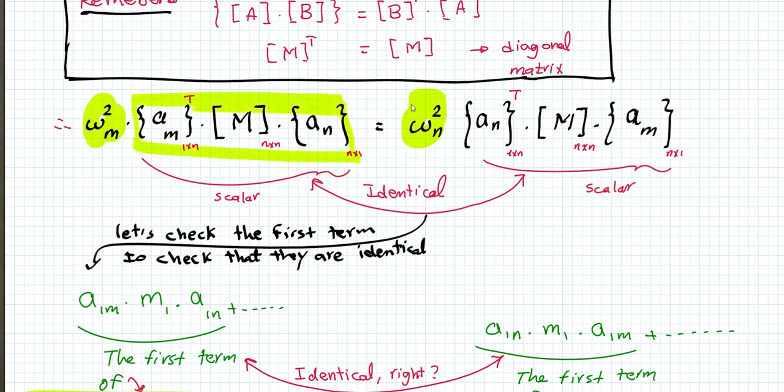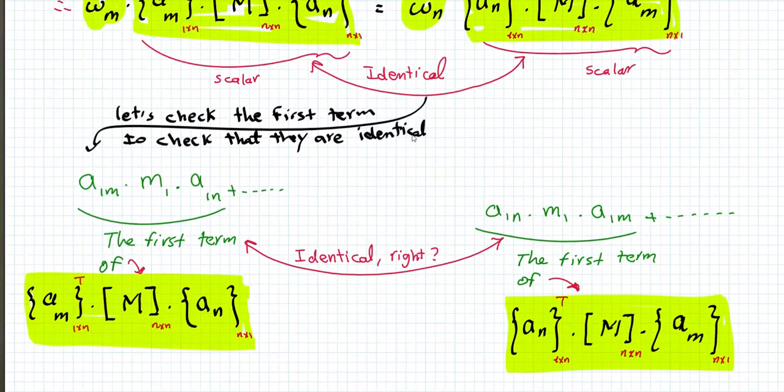This term and this term are common terms, right? So we can take it as a common factor, and put the left hand side on the right hand side and rearrange them to make the right hand side 0. Okay, so let's go and make this.